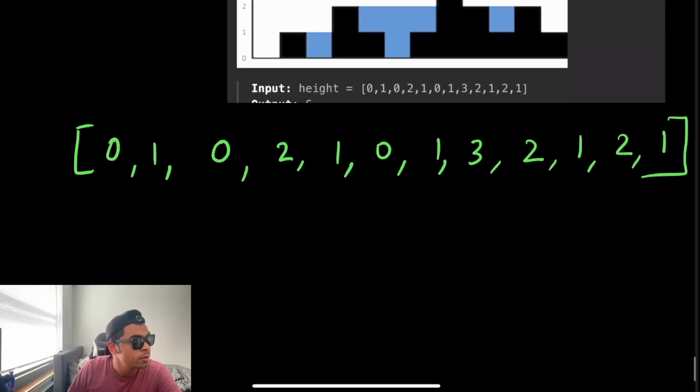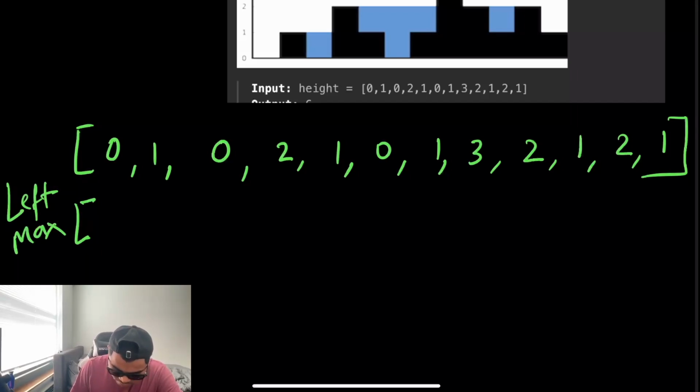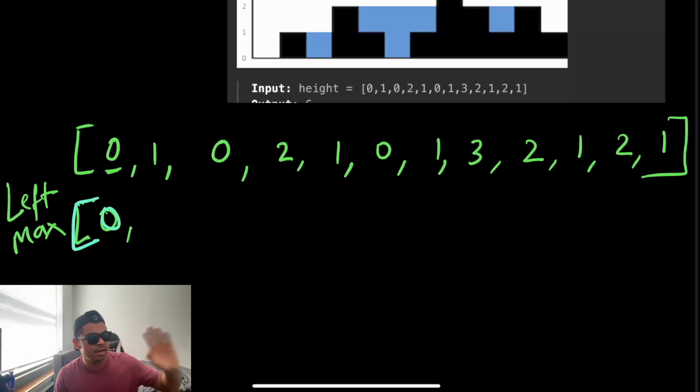So let's decide that. I'm going to call it left max. For this, left max would be 0. Let me just change the color here. Left max here is basically the left max that it has seen so far. That's what we are trying to do. So 1 is not left max yet, but this will be left max now.